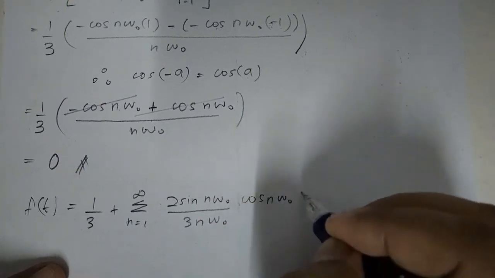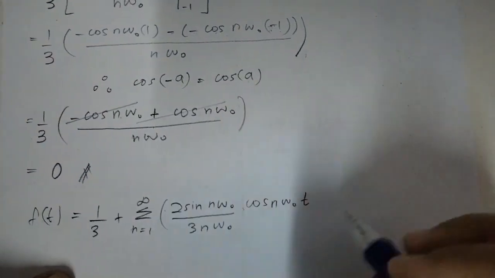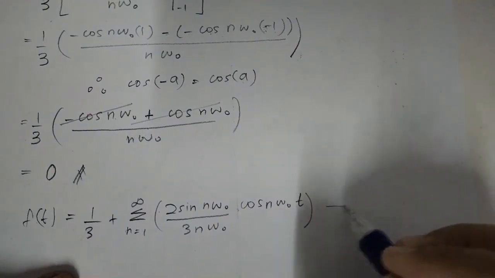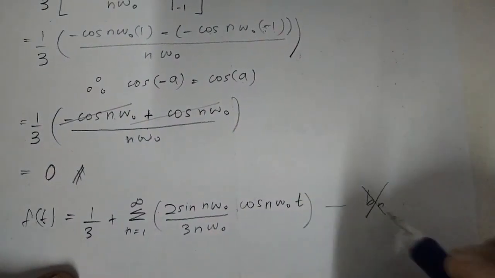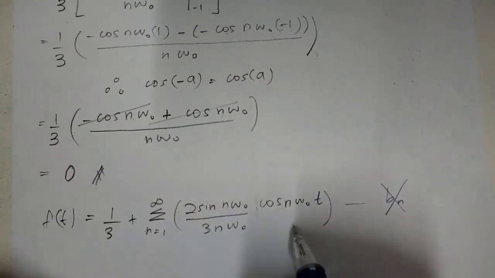There's no component for bn, so just this.